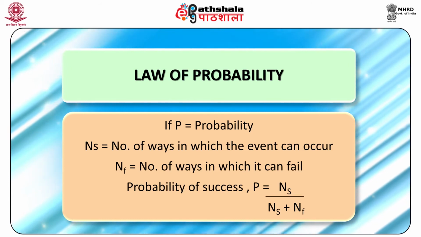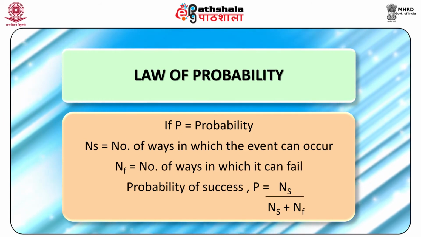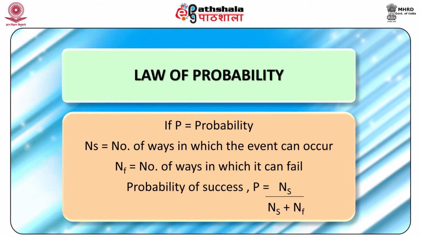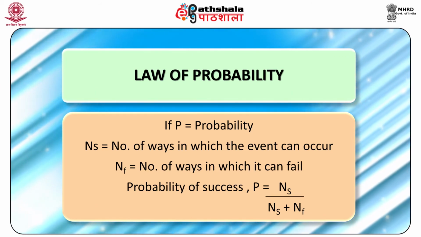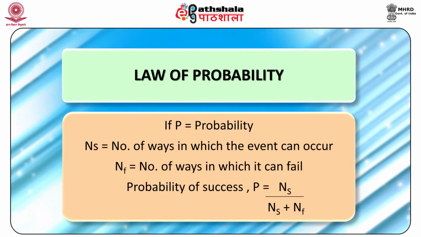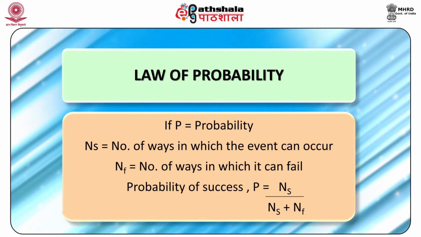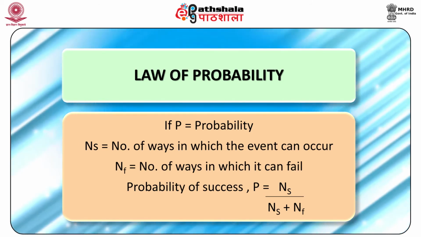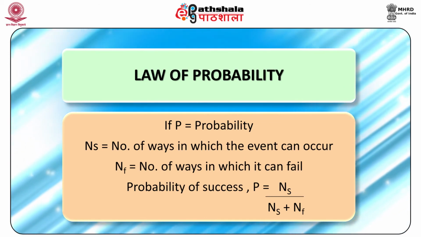If P represents probability, Ns is the number of ways in which the event can successfully occur with equal facility, and Nf the number of ways in which it can fail with equal facility, the probability of success is given by the formula P is equal to Ns divided by Ns plus Nf.